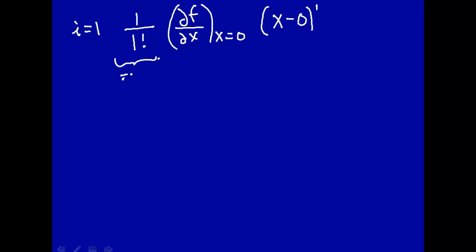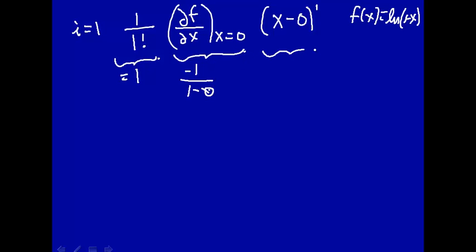This is equal to 1. The derivative of f of x, recall that f of x is ln of 1 minus x. So when you take the first derivative of here, we get minus 1 over 1 minus x, and we're going to evaluate this at x equals 0, so that's a 0.